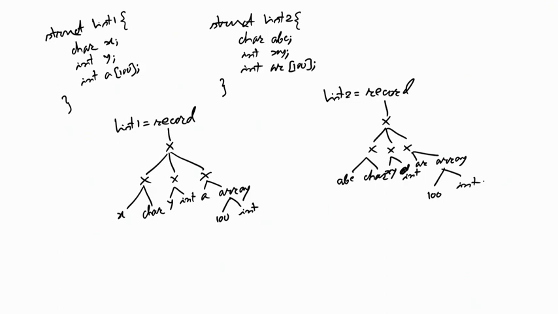After constructing these two DAGs, we can see that they are equivalent, because at the lowest level you have character, integer, array 100 integer, and here also you have character, integer, array 100 integer. So, they are type equivalent.